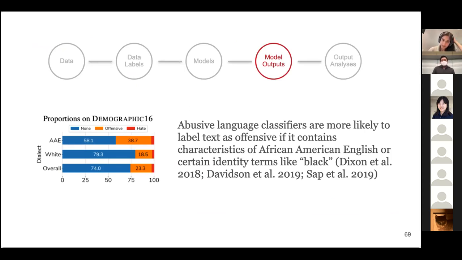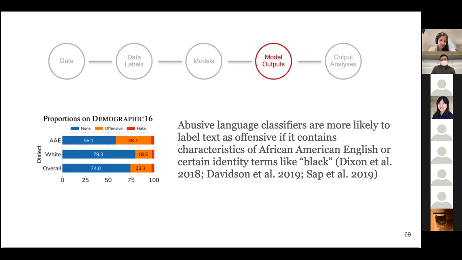But what has happened in practice is that there has more recently been a series of work, a couple of papers, showing that a lot of these models that have been developed, some of the commercialized ones for detecting toxic language, are more likely to falsely label text as offensive if it contains characteristics of African American English, or if it contains particular identity terms.